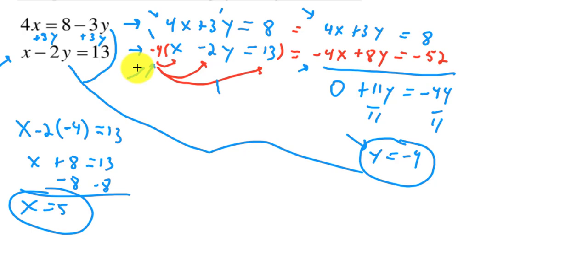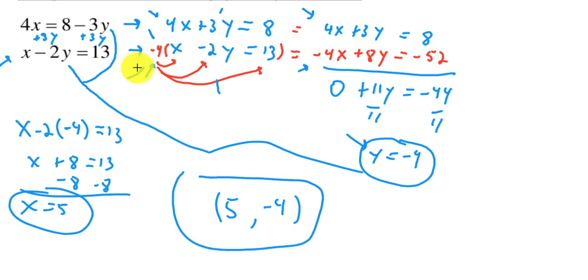Right, so the ordered pair would be 5, comma, negative 4. And that's my answer. And again, to do the check, plug in x equals 5 and y equals negative 4 into the original equations and make sure that they both work. Okay, you have to do it to both equations, not just one.